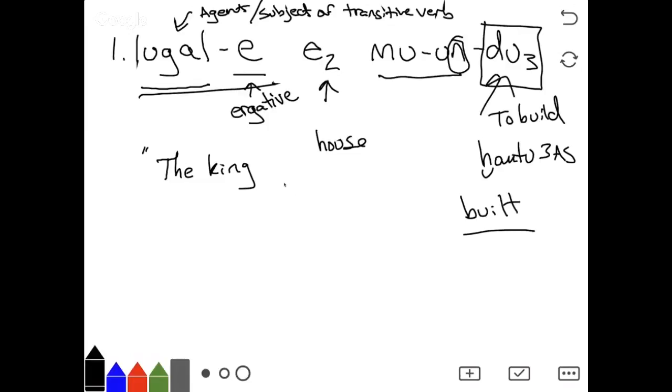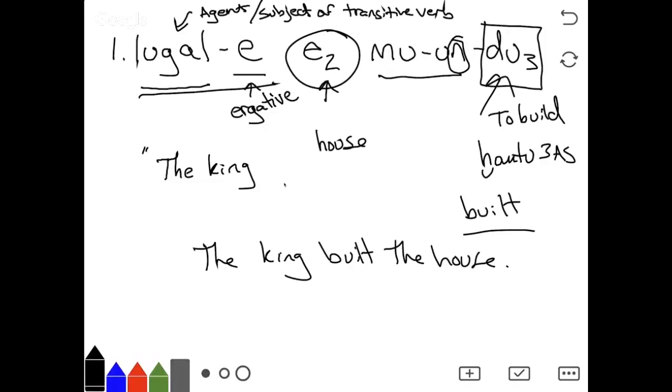Here, we know that's the house. The king built the house. That's how you would translate that sentence. Okay? So pretty straightforward. Hopefully, at least somewhat straightforward.